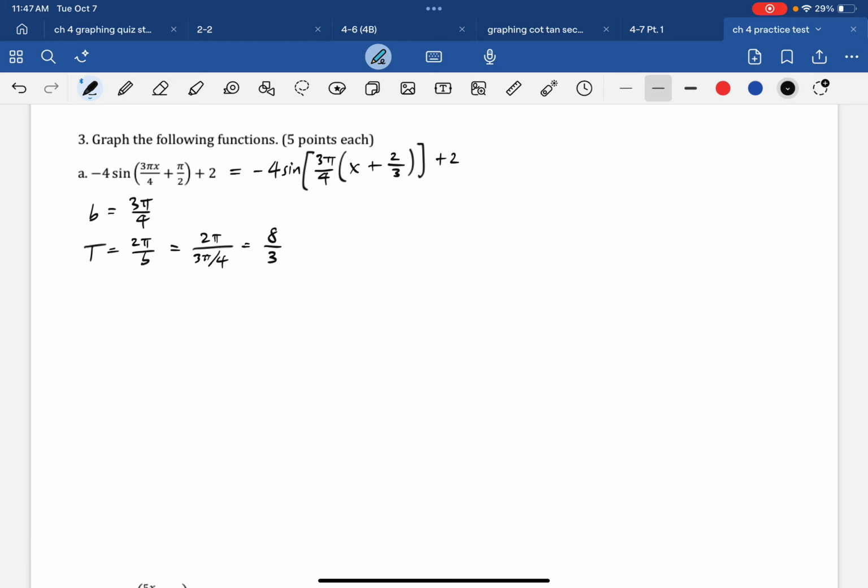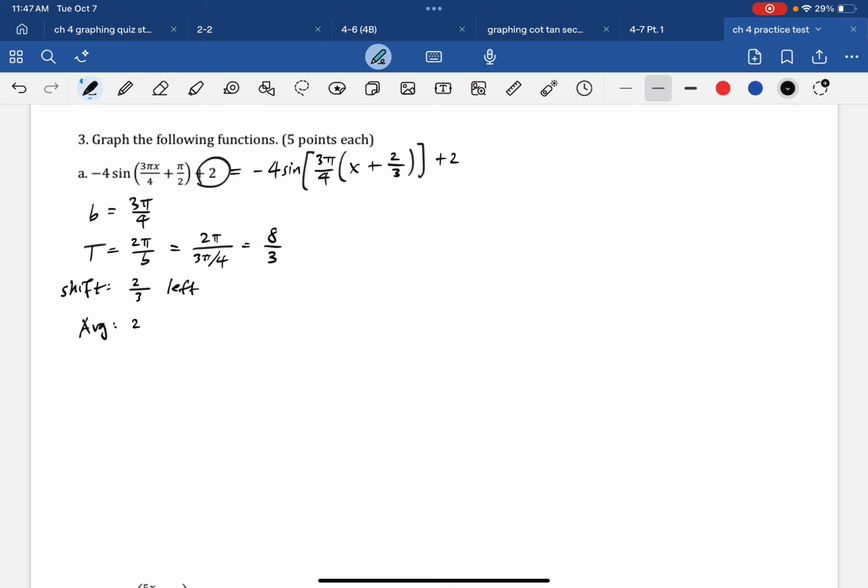Next, maybe it's good to find the shift. The shift is 2/3, right? Only after factoring. And it's 2/3 to the left. The reason why it's left is because we have a plus sign. Okay. Next, we can find the average. The average is 2.